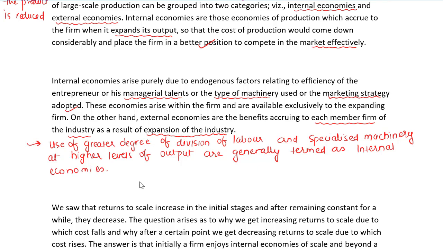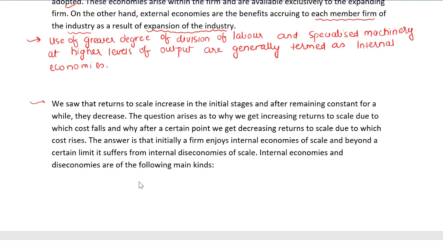Okay, let us continue. As we saw, returns to scale increase in the initial stages, then remain constant for a while, and then decrease. The question arises as to why we get increasing returns to scale due to which the cost falls first, and why after a certain point we get decreasing returns to scale due to which the cost rises.